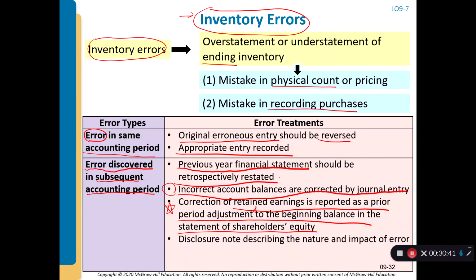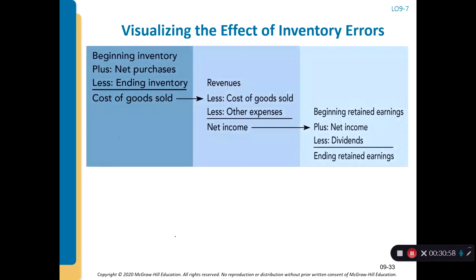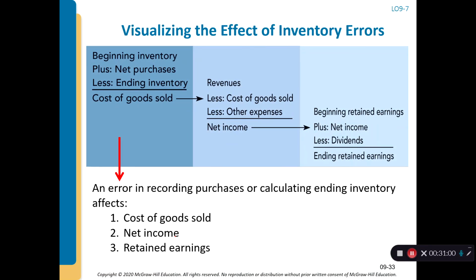Hence, you need to make an adjustment to the beginning balance of current period retained earnings to correct the mistakes that have been carried. And the last thing we need to do is to disclose and describe the nature and the impact of the error.